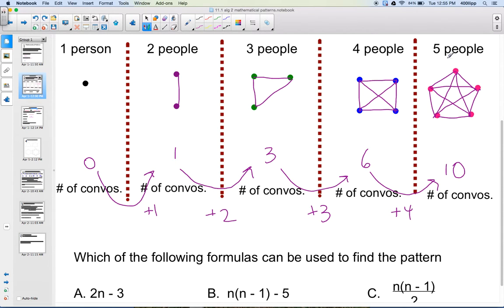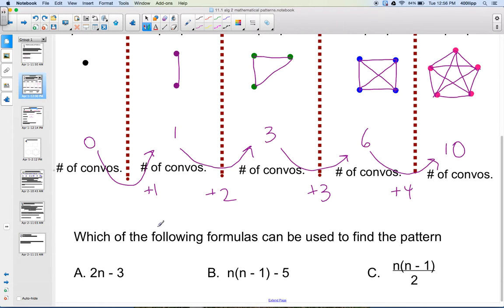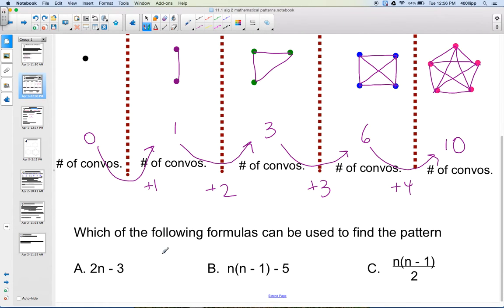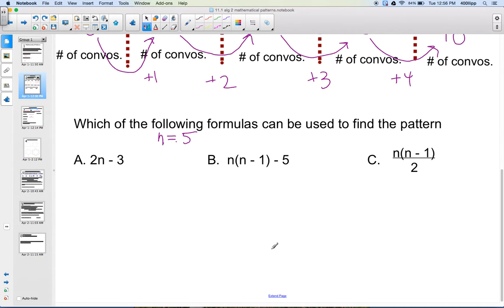If I plug in 5 as n, I should get 10 conversations. I know that I should get 10 as my number of conversations because we just showed that in this diagram. So let's look to see which explicit formula will give us the correct one.